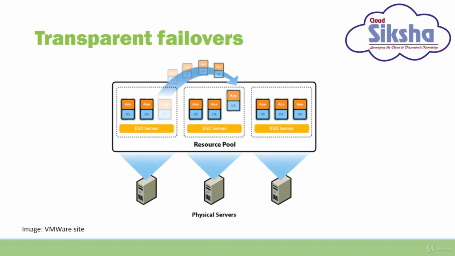Because if there is a physical hardware problem, we are not worried because the cloud provider is automatically moving our VM to some other physical server without us being impacted. This is a very important feature. Let's also look at what could be the advantages of using virtual machines.